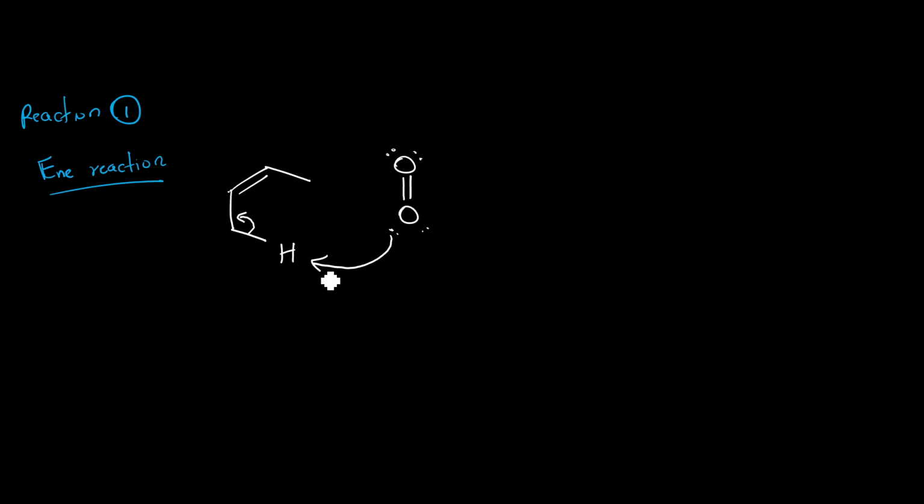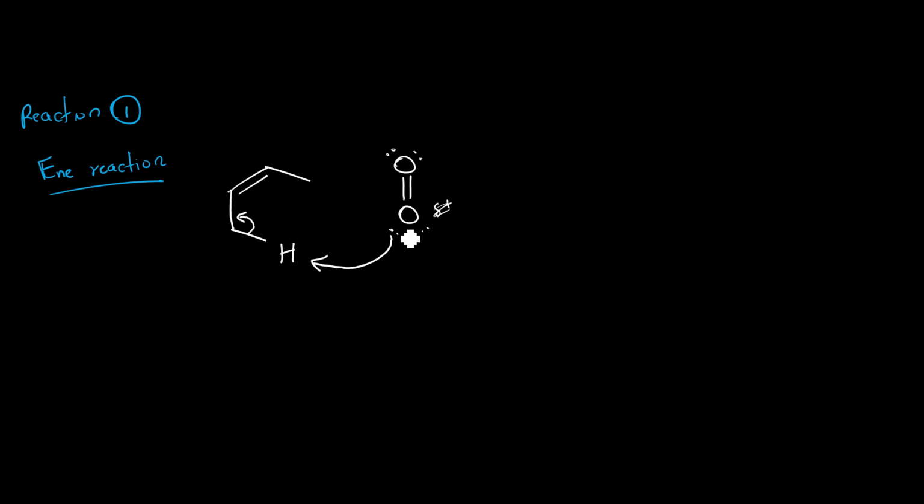Due to this electron attack, this oxygen has donated its electron density, so it's electron deficient and has a relatively positive charge. Due to this positive charge, the electrons are pulled away from this particular oxygen.